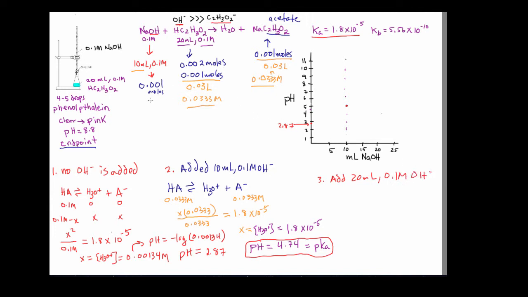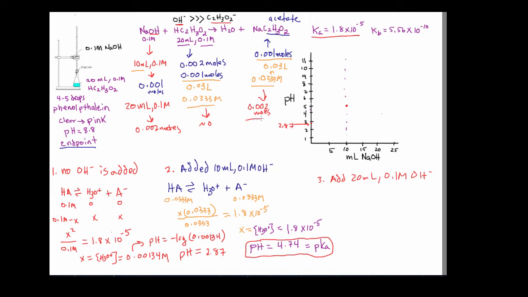Now, that means at that point where we have 20 mLs of the 0.1 molar, we have added 0.002 moles of hydroxide, and that means that the HA has gone to 0. And the conjugate base now, the acetate, is 0.002 moles. Now we're going to need to find the molarities.